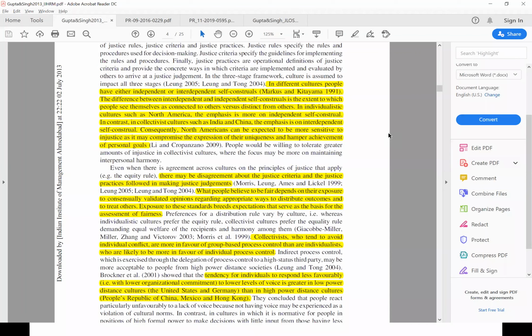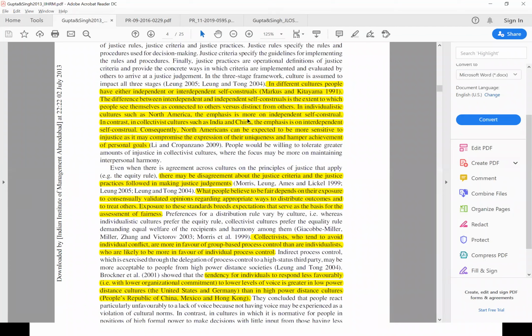Which one? Here, right? The difference between interdependent and independent self-construals, up to North America. Is it your view? In these lines, there is no mention of any reference.